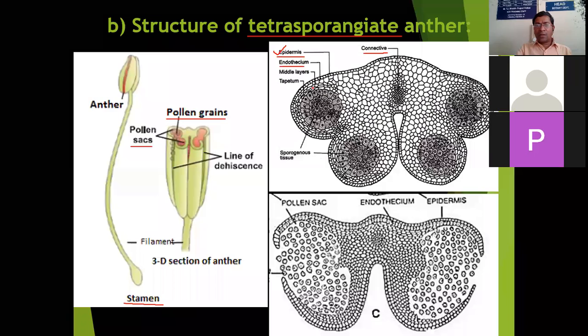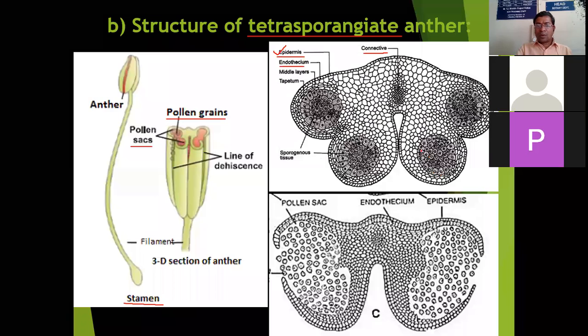The middle layers are present between the tapetum and the endothecium. These 2 to 3 layers of cells are called the middle layers because they are present between the endothecium and the tapetum.